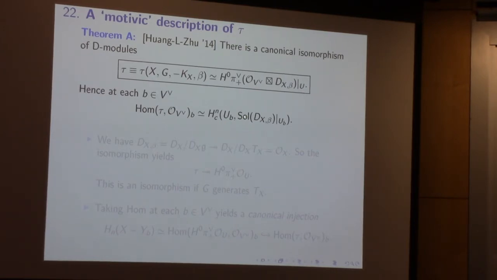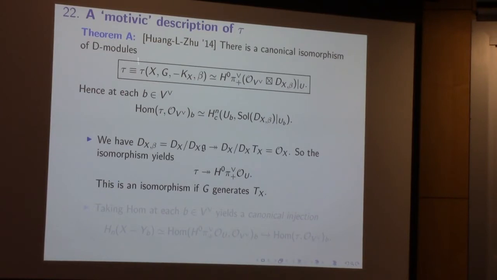Well, the coefficient is the derived solution sheaf of the character sheaf. So this is the dual version of the Riemann-Hilbert correspondence. What this says is that you can now express all local solutions of tau neatly as compactly supported cohomology classes. Okay. So this will have a lot of interesting consequences, as I will discuss next.